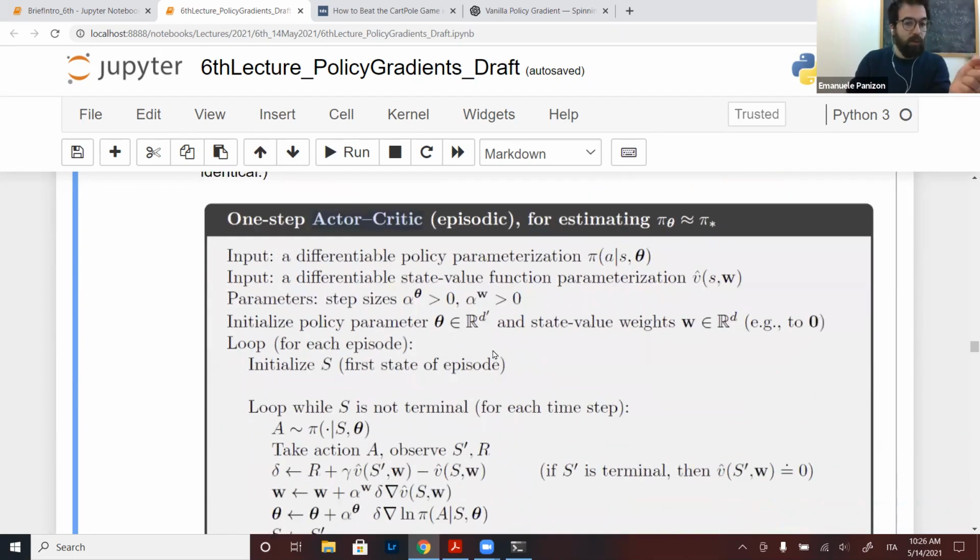What is the pseudocode? Again, I need a differentiable policy parameterization, which in our case is softmax. So given the data, I know how to construct a policy. I also need a differentiable state value function approximation V, which in our case is the tabular way to go from an aggregated state to its value.